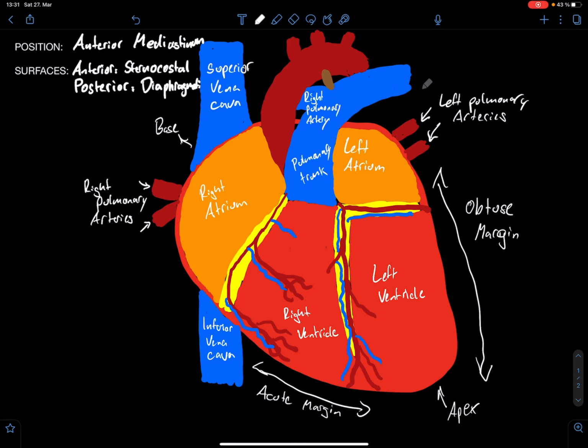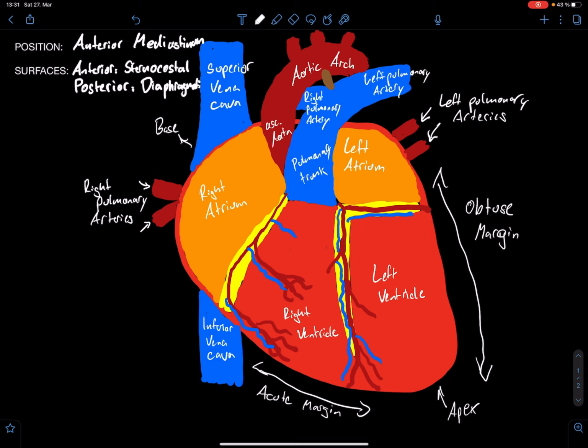And here we have the left pulmonary artery. From the left ventricle, you cannot see it here because it's obstructed by the pulmonary trunk, we have the aorta, which arises from there, starting with the ascending aorta, the aortic arch.